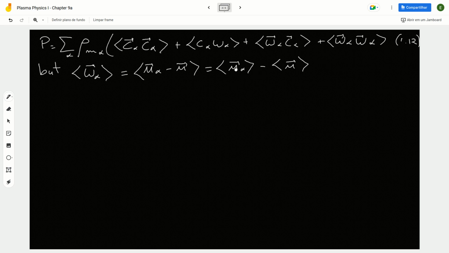The average in alpha of U alpha is U alpha. We have shown this in chapter 6. It's equation, I think, 1.12, maybe. Well, this was shown formally in chapter 6. You may want to check it again. And this is not a function of alpha, so the average in alpha is U itself.